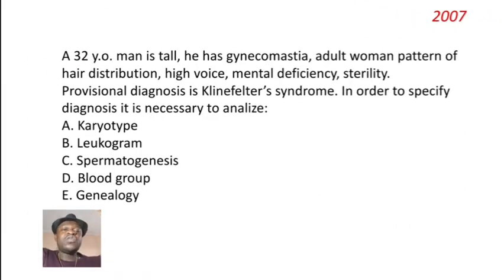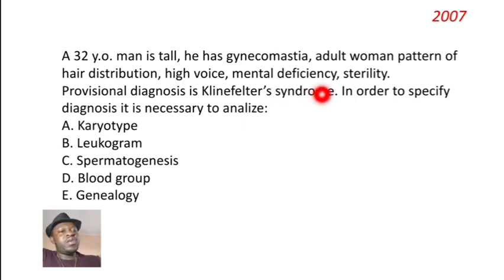A 32-year-old man is tall and has gynecomastia. So this guy has small breasts. He has an adult woman pattern of hair distribution, a high voice and mental deficiency.